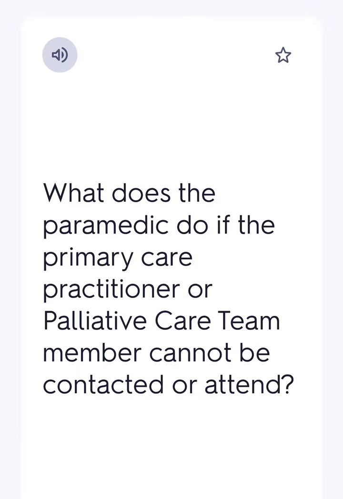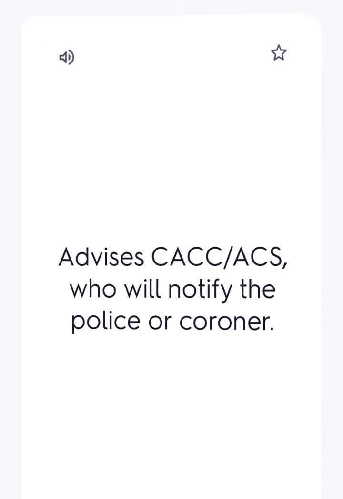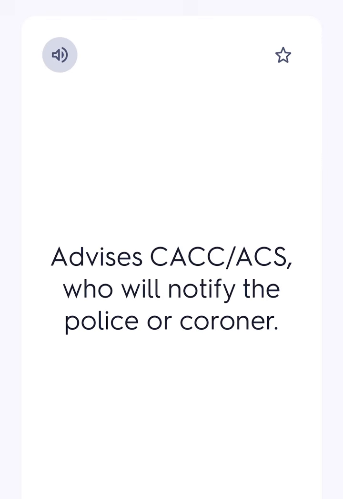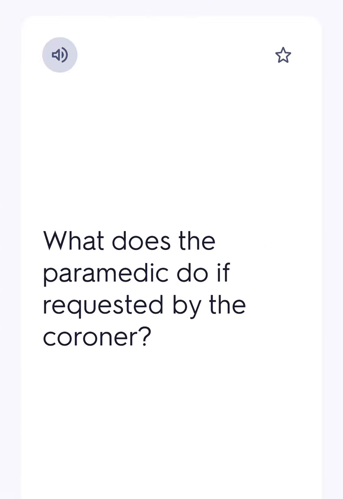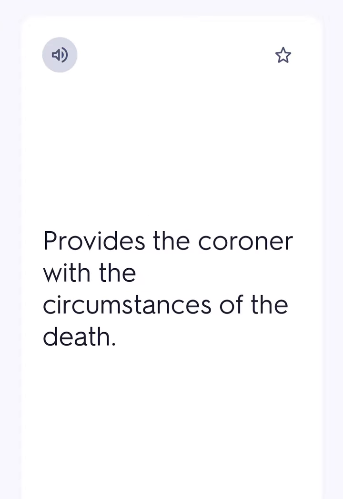What does the paramedic do if the primary care practitioner or palliative care team member cannot be contacted or attend? Advises CCC/ACS, who will notify the police or coroner. What does the paramedic do if requested by the coroner? Provides the coroner with the circumstances of the death.